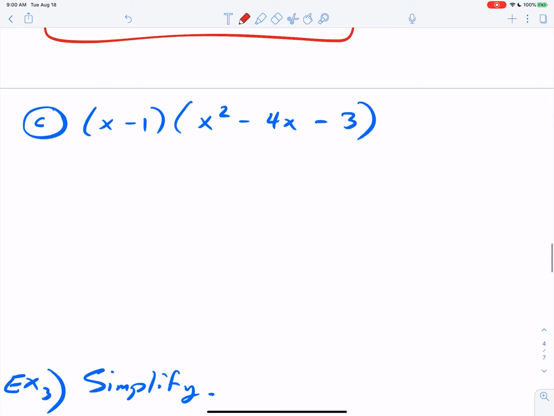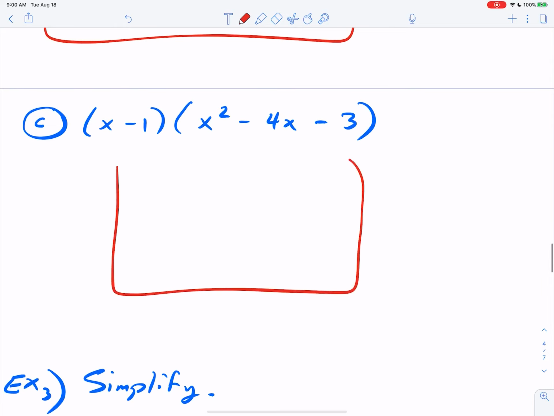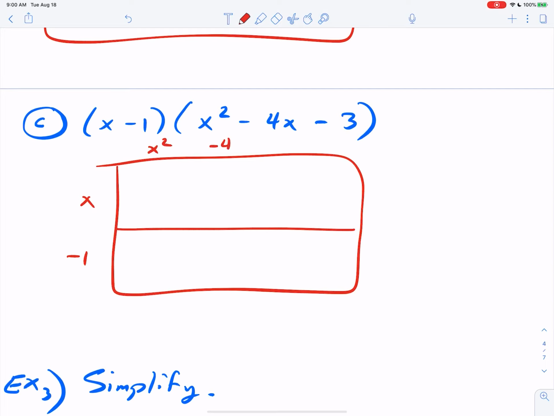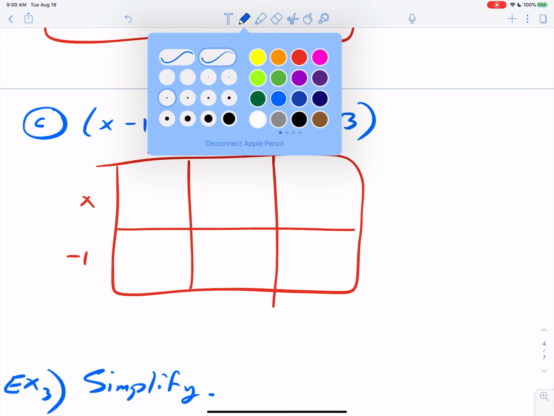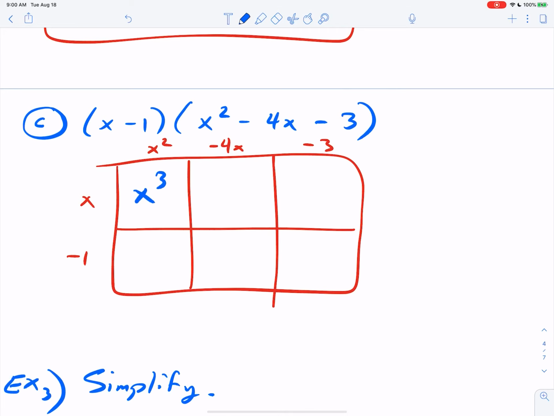Here's the last one. I'll use the area model here. Play whenever you're ready. Okay. You should get x cubed, negative 4x squared, negative 3x, negative 1x squared, positive 4x, positive 3.